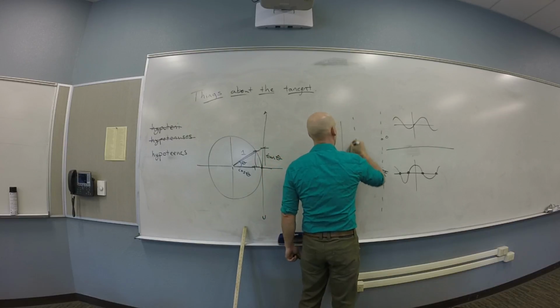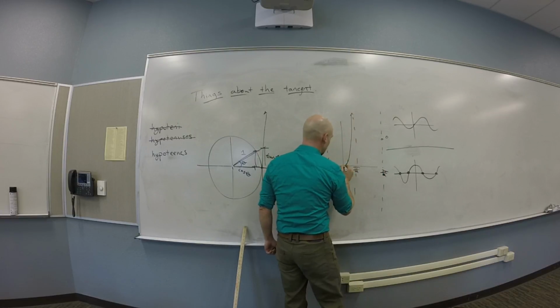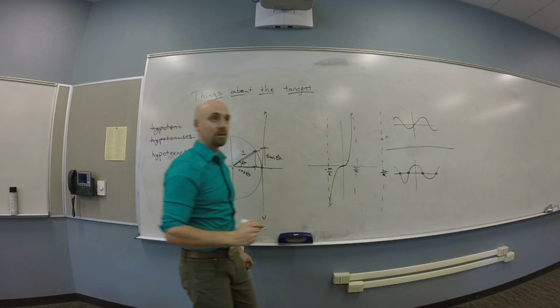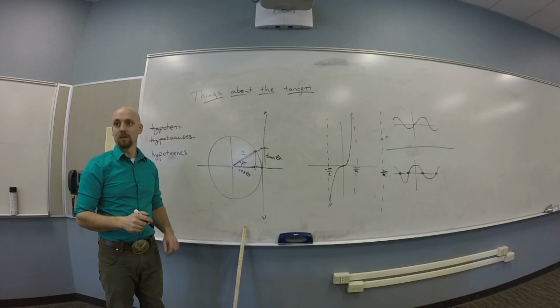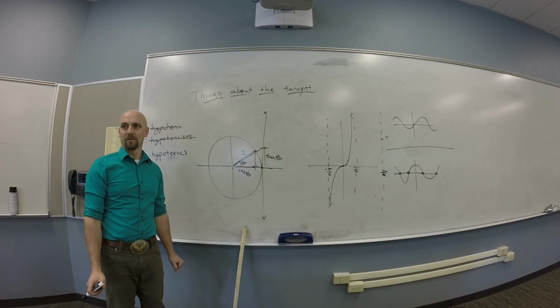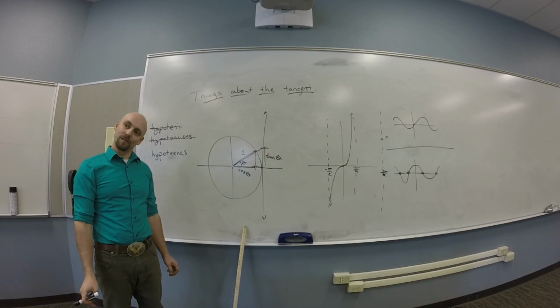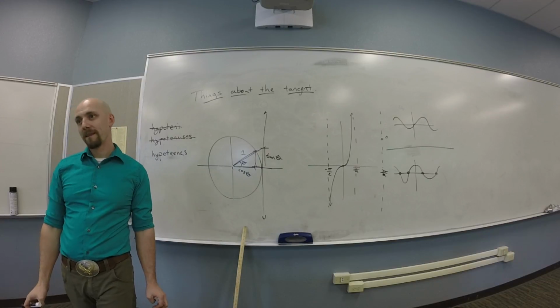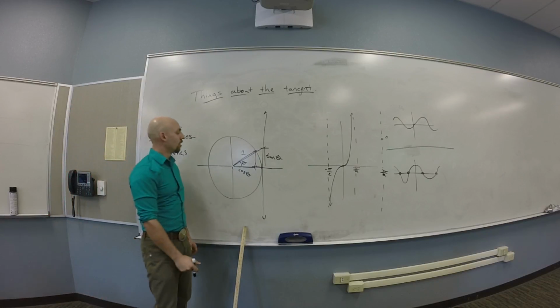So I'm going to get a vertical asymptote here, and a vertical asymptote on this side for the same reason. And that's because there's division by 0. We know it, but can we prove it algebraically, that we're dividing by 0 at pi over 2?